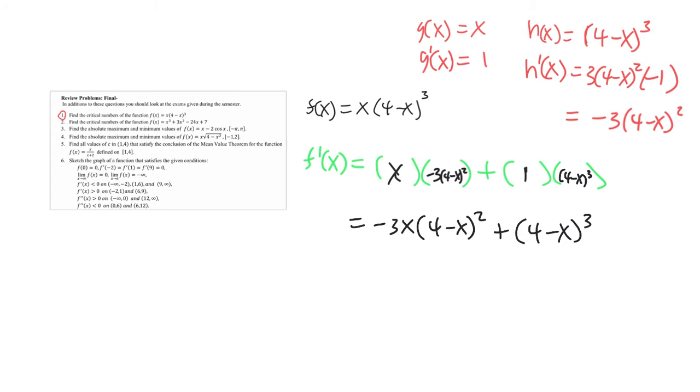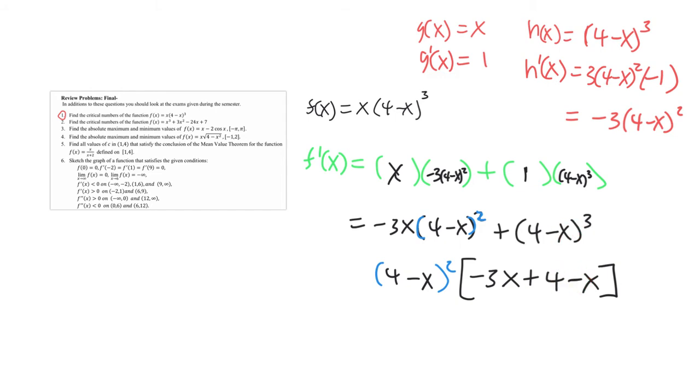There's a GCF of (4 minus x) squared, actually. Okay, so I'm going to factor that out. It's going to be (4 minus x) squared, and that's going to be times negative 3x plus yet another (4 minus x). In case that's not clear, it's because we divided (4 minus x) cubed by (4 minus x) squared, which left us with 4 minus x.